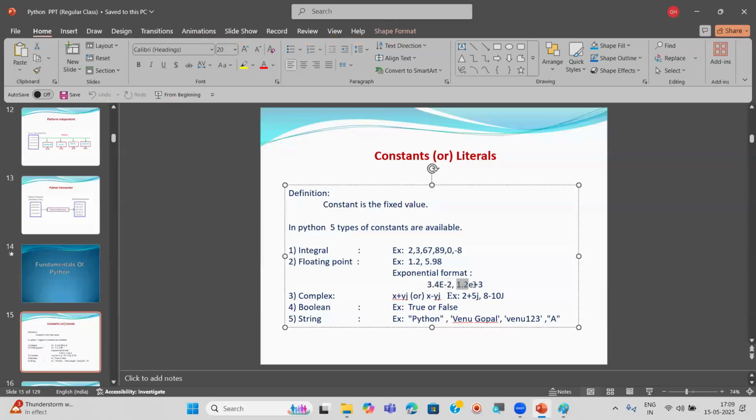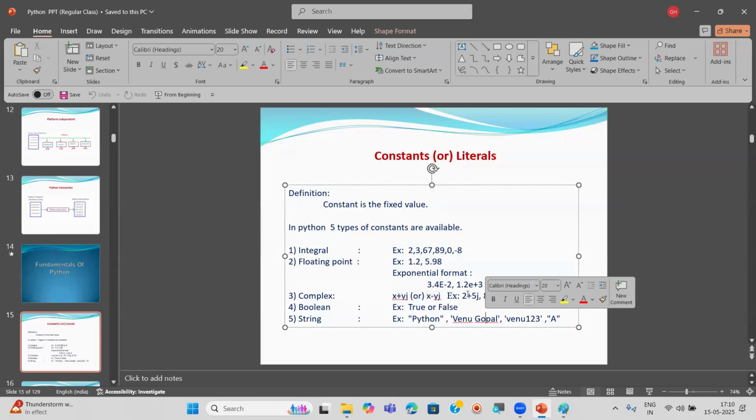Next one is 1.2 e plus 3. By default plus only. You can use e capital or small. E represents exponent of power. 1.2 into 10 to the power of 3 is the meaning. Next, complex constants. The numbers which are in the form of x plus yj or x minus yj.